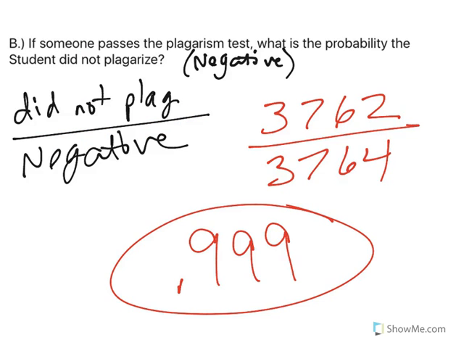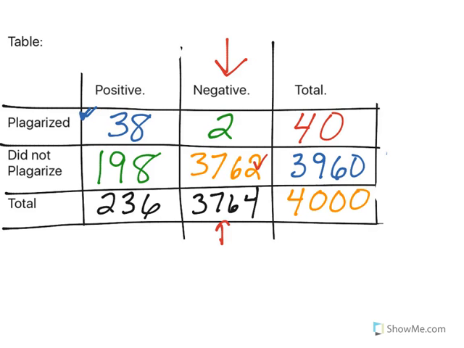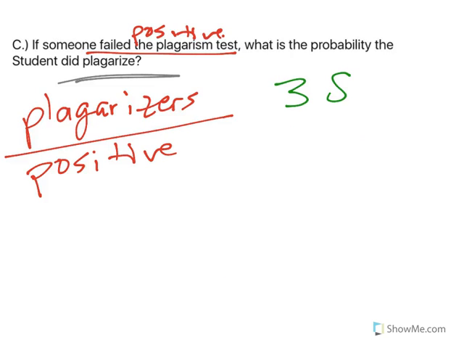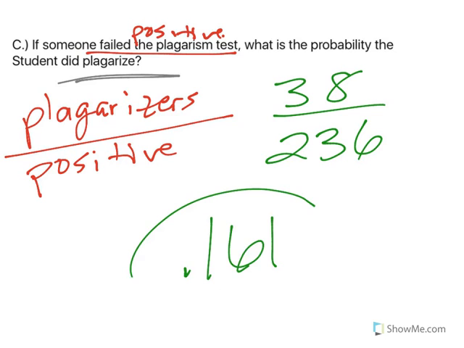So let's go back to the table. We're looking at the positive column now. 38 of them plagiarized out of 236 total positive testers. So there's my fraction. 38 plagiarizers over 236 positive testers for a probability of 0.161.